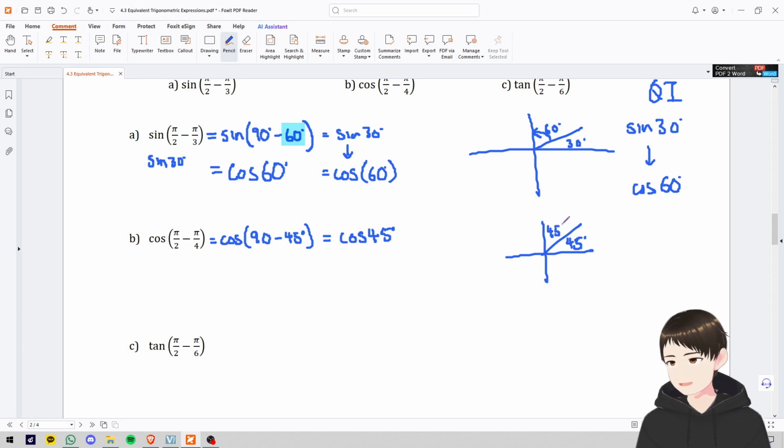That's 45. So the correlated angle for cos 45 is 45, and the co-ratio for cosine is just sine. And because this is quadrant 1, once again, I don't have to worry about any plus or minus. Everything is a positive value.